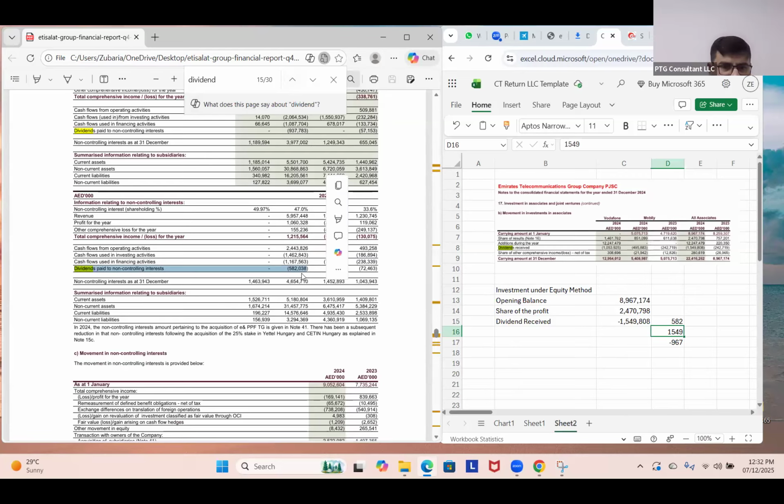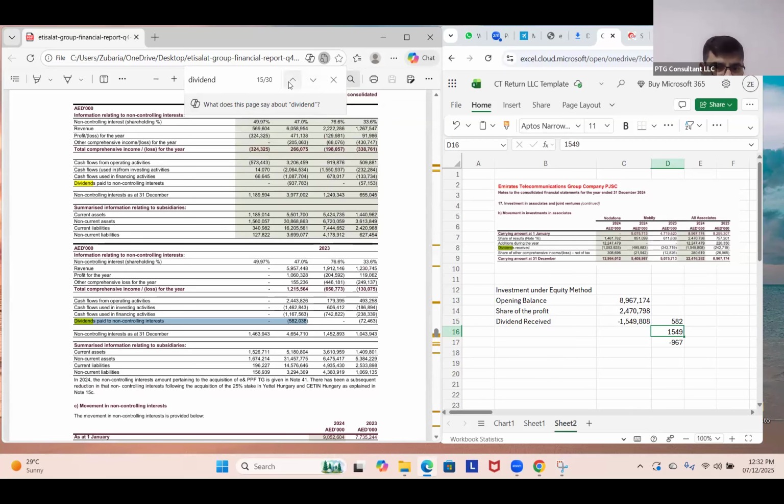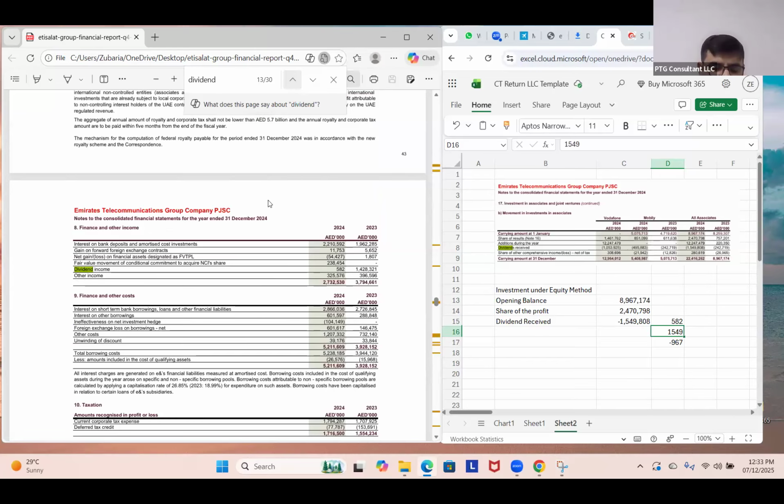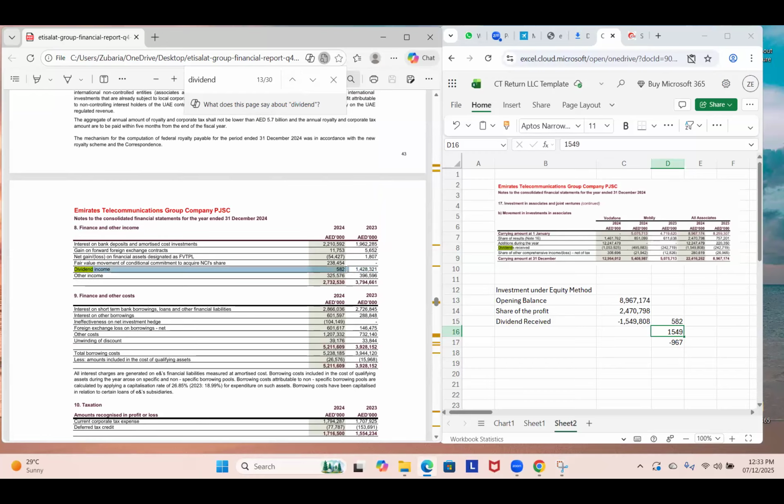But this 582 paid is to the non-controlling interest. This is not the received part. But in other income, the 582 is shown as received. The dividend paid to non-controlling interest, here it talks about the paid only. Go back to the same note number 17. Here dividend income is 582, under note number 8, where the declared dividend income is 582.